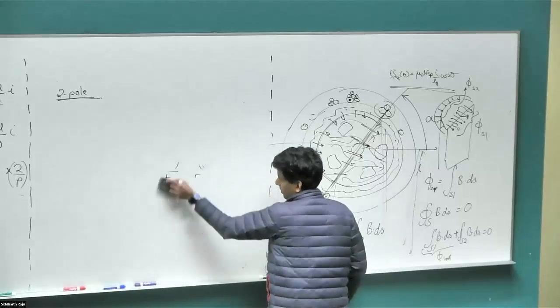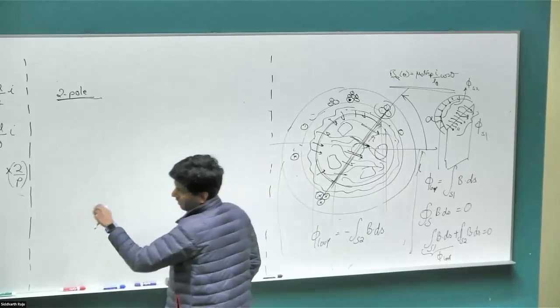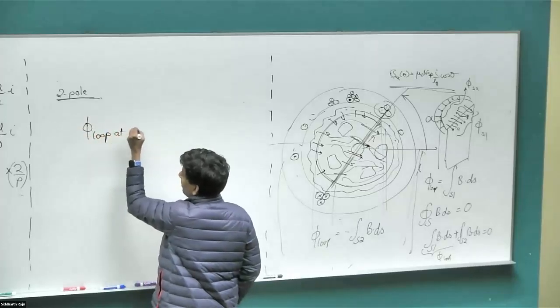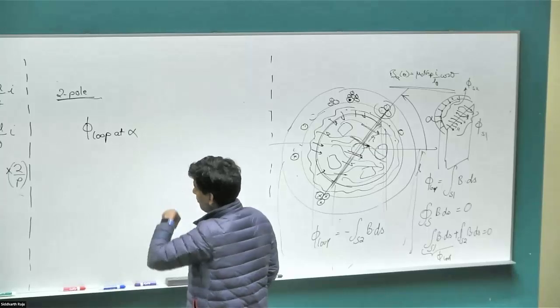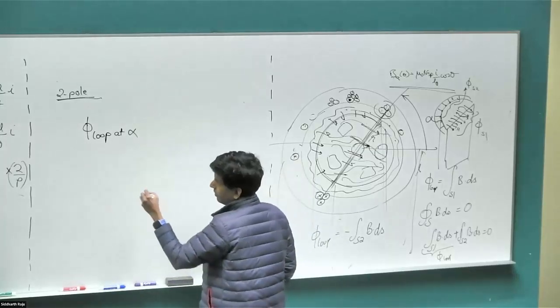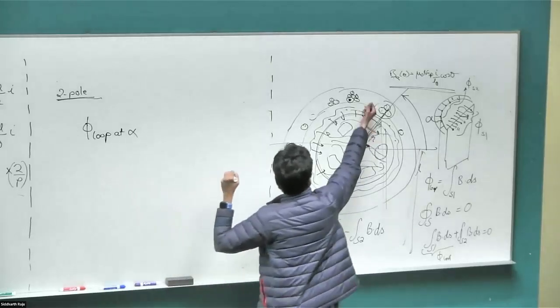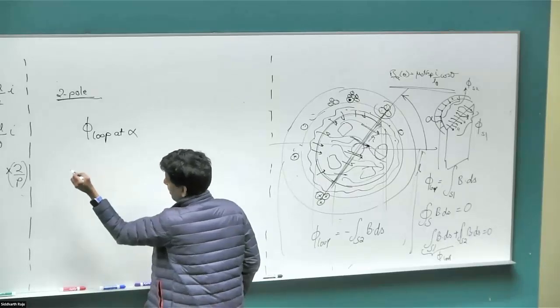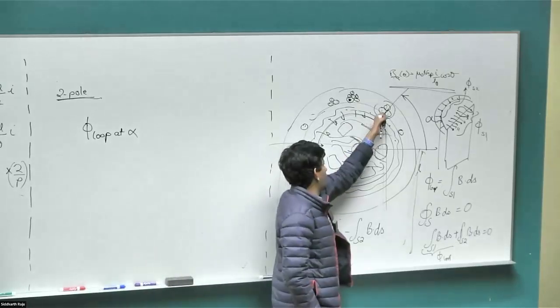So what we have is the flux linkage of the loop at alpha. But what we now need to do is figure out the same for all of the coils, for a coil at some other angle, for a coil at another angle, and so on and so forth. So what is my N going to be? How do I figure out what the N is for this coil?